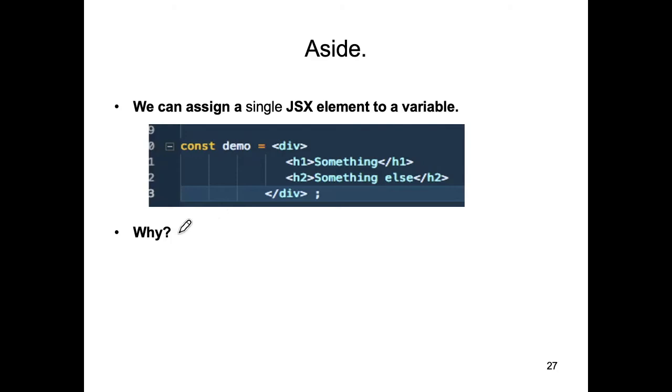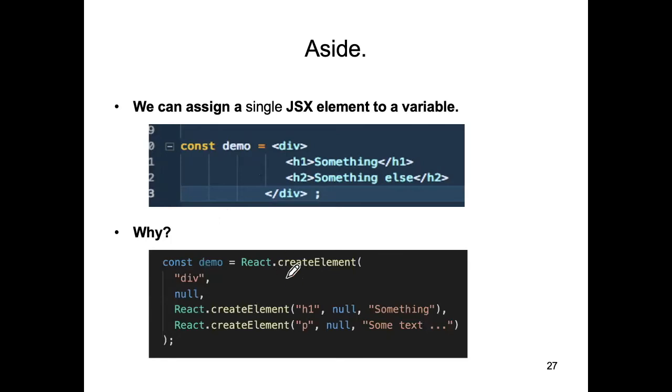The answer is that at the end of the day, this is going to be transpiled to that, and that becomes a valid assignment statement in plain vanilla JavaScript. That's what we were discussing in the previous lecture, this React.createElement stuff. So assignments like that are going to work for us, and there's more flexibility in how we can move JSX around and assign it around the place.